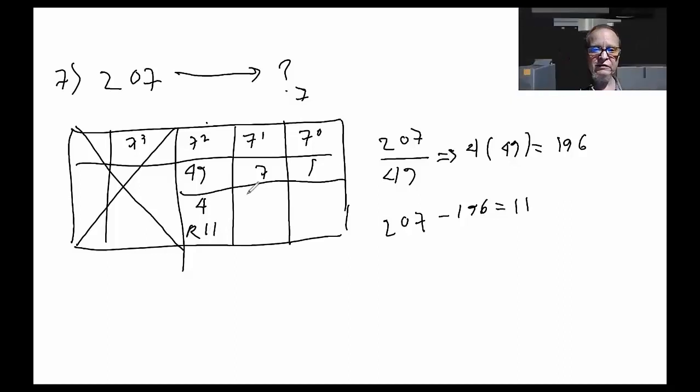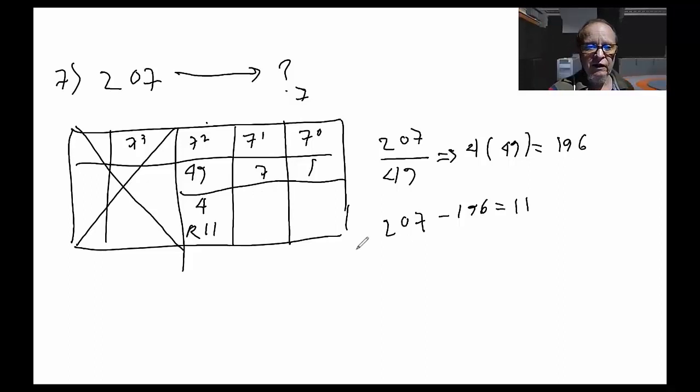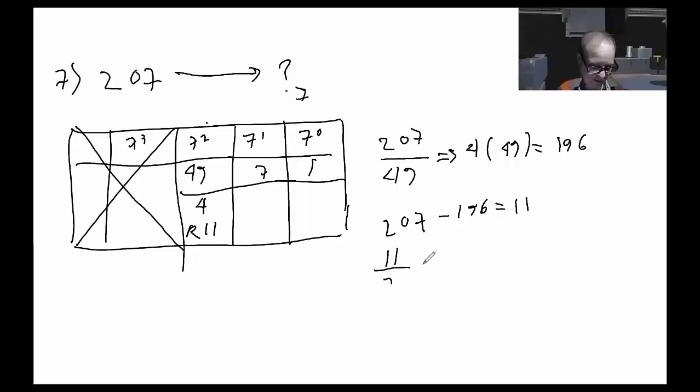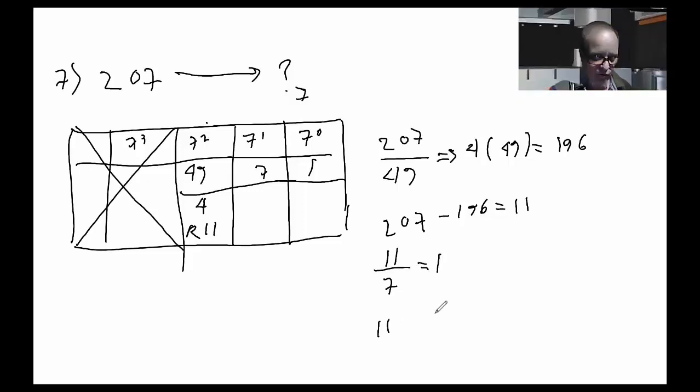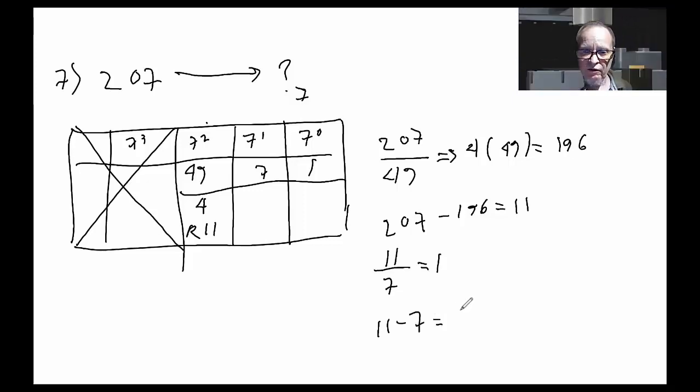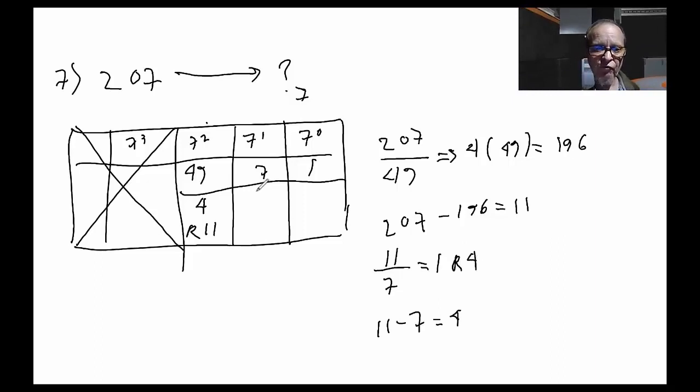Now for the next, the 7's place, we do the same thing. We'll take 11, our remainder, divided by 7. And we see that 7 can only go into 11 once as a whole number. And because 11 minus 7 will give us 4, that means the remainder is 4. So here we'll have 1 with a remainder of 4.